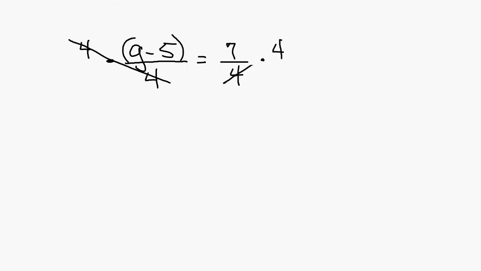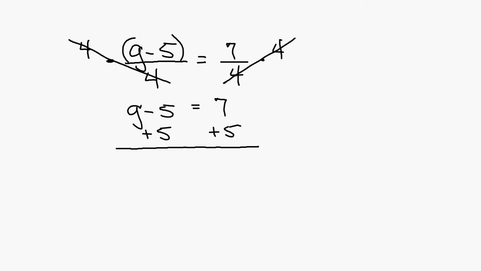Those 4's are going to cancel each other out. So you're left with g minus 5 is equal to 7. And then you can add 5 to each side. And g is equal to 12.